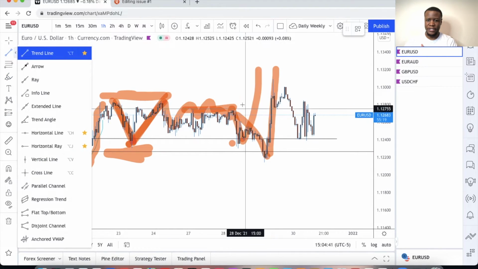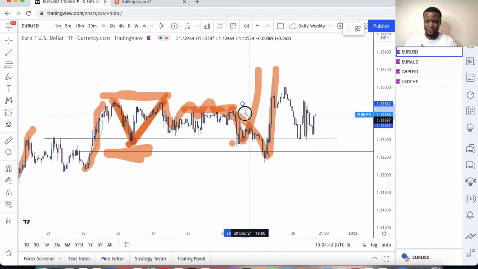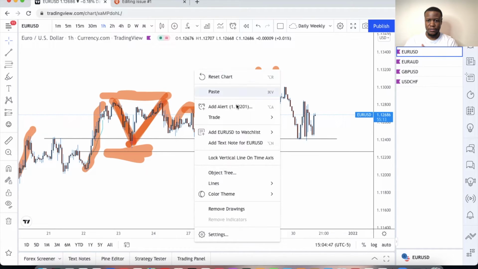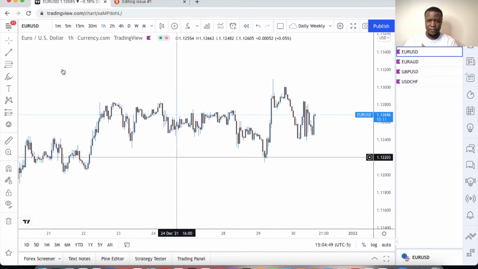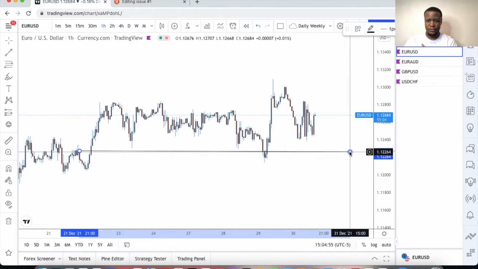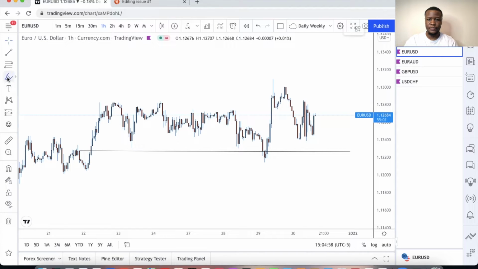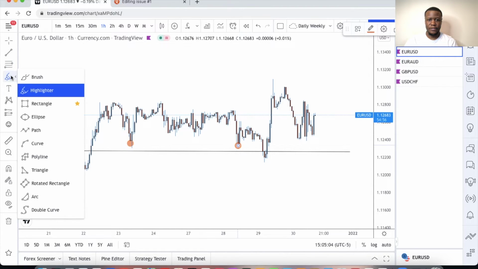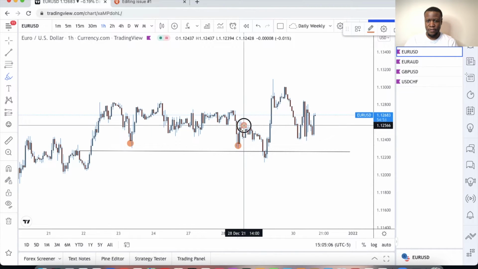So now it comes down. One second. So, clear chart right here. We got that key level still. All right, so we got these equal lows now here, and this is the false move right here.